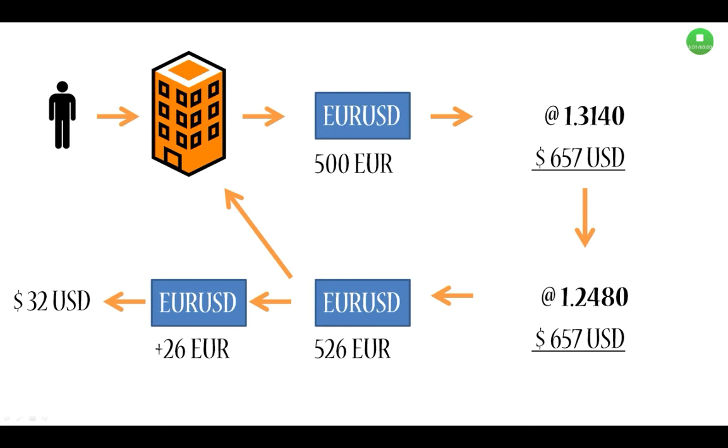You use those $657 to buy back euros at the new lower price of 1.2480. You get 526 euros in return. You return 500 euros to your broker. Your profit is 26 euros. Because your account is in US dollars, you convert your euros back into US dollars and you have 32 US dollars of profit. So that's in a nutshell how short selling works.